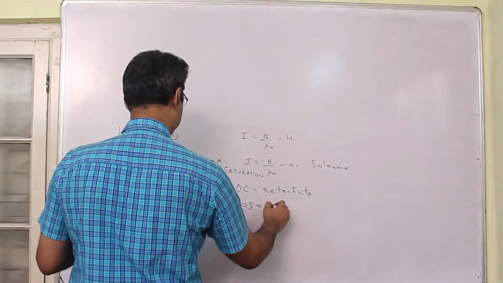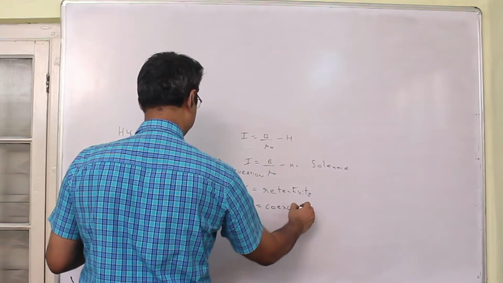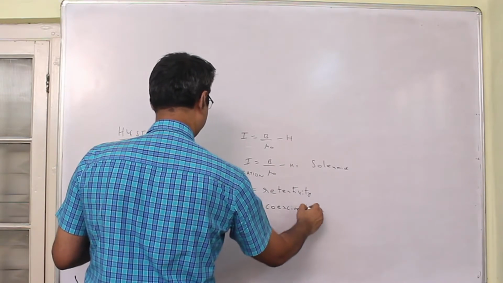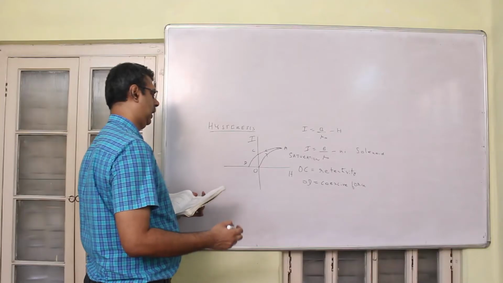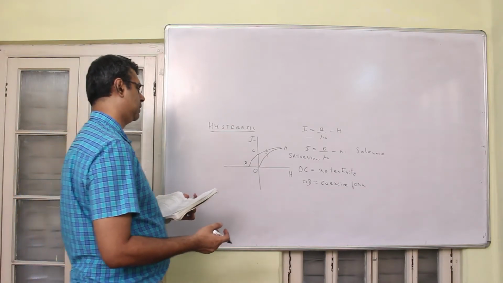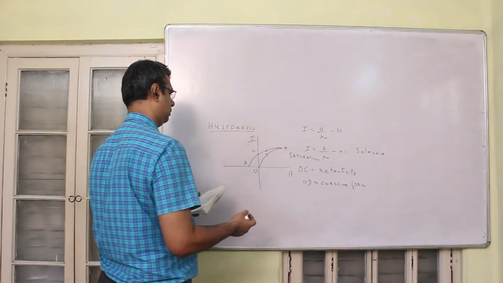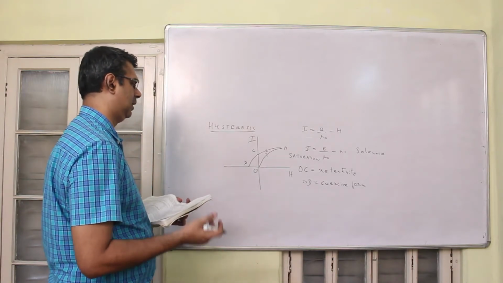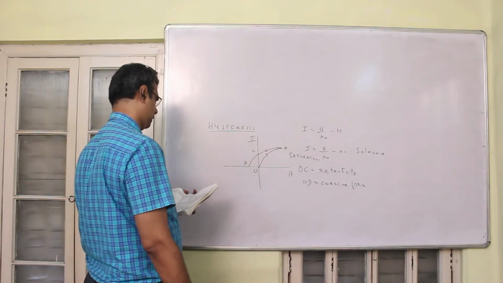So OD is called coercive force. That means that by some coercion or by some external means, the dipoles were forced to become totally random. That is why OD is called coercive force.